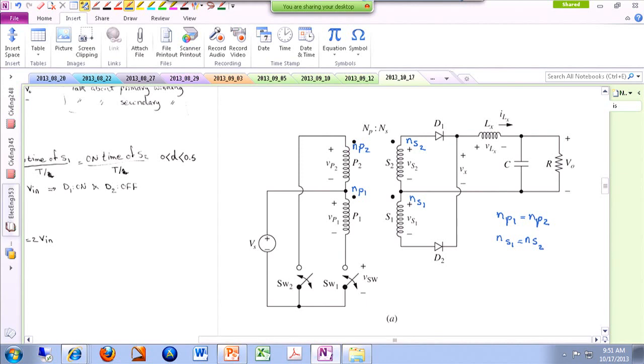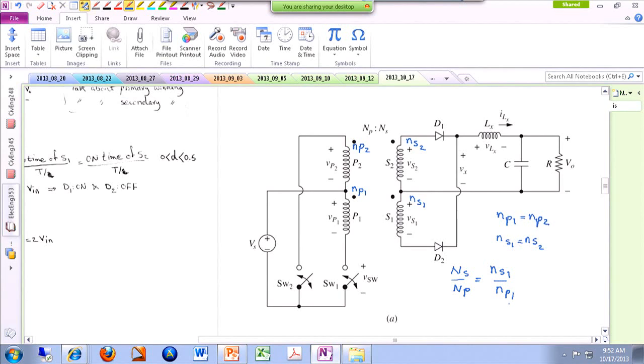So pretty much everything is symmetric. Now what is N? N, secondary over primary, is defined to be N secondary 1 over N primary 1, or secondary 2 over primary 2. Or it is the total number of turns on the secondary side divided by the total number of turns on the primary side.